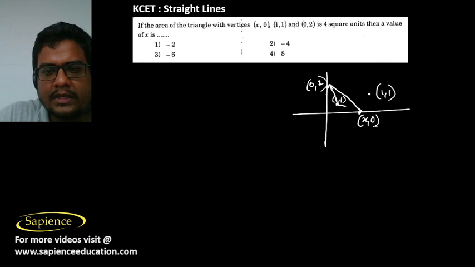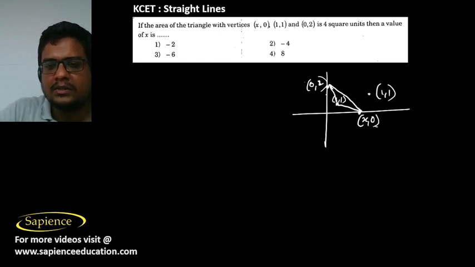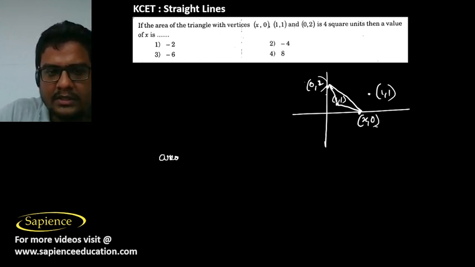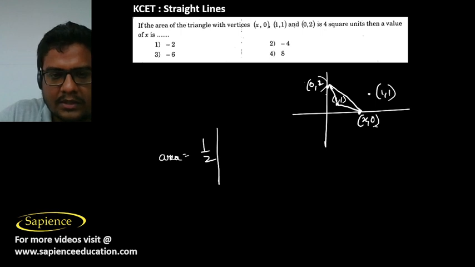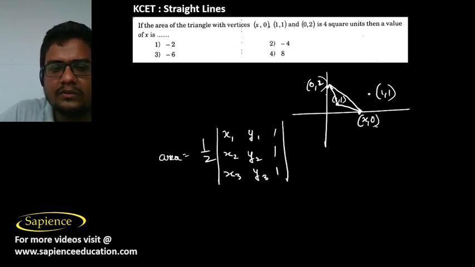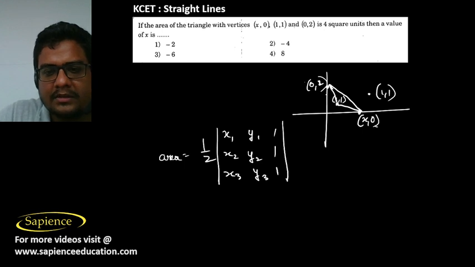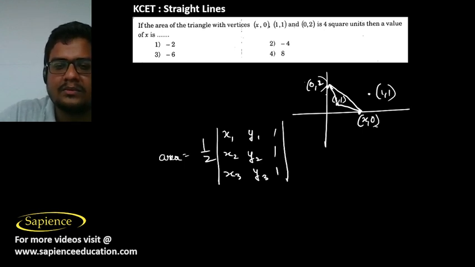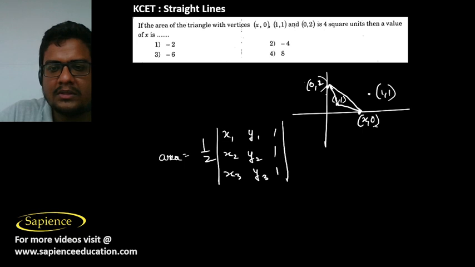We have to find the area of this triangle. Now we know that the area of a triangle is given as half of the determinant of x1 y1 1, x2 y2 1, x3 y3 1, where (x1, y1), (x2, y2) and (x3, y3) are the vertices of that triangle.